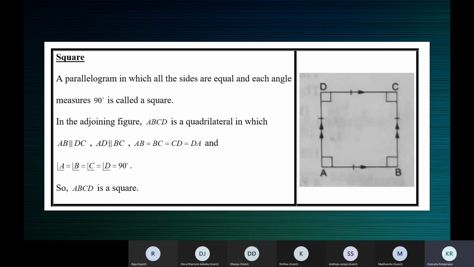So here the diagonals are equal and diagonals bisect each other at right angles. Because it's a parallelogram, they will bisect each other, but at right angles.